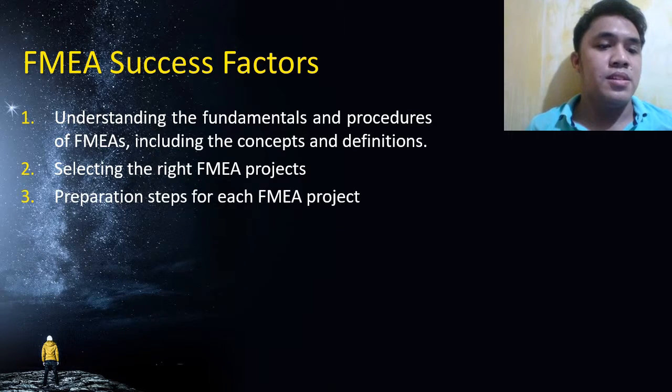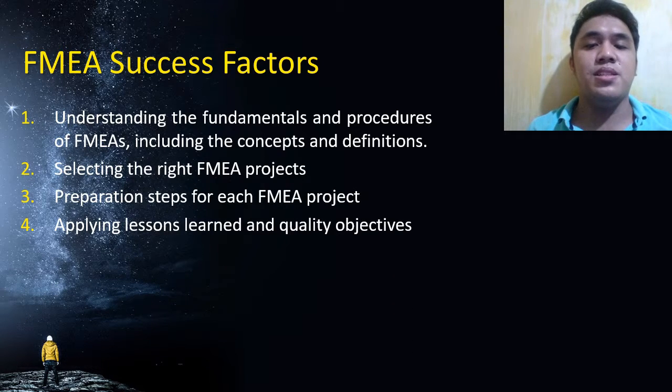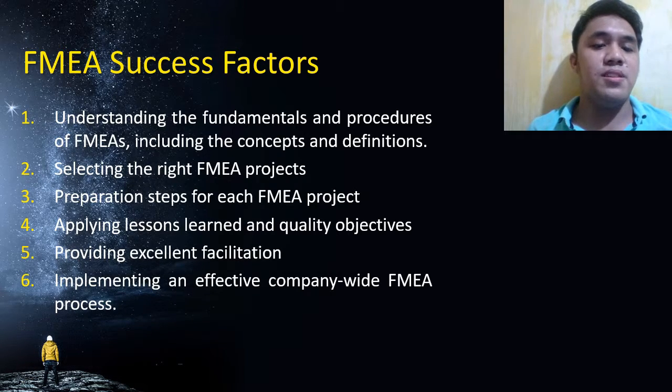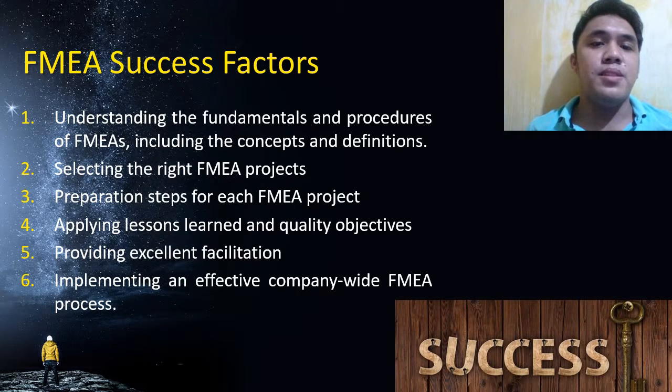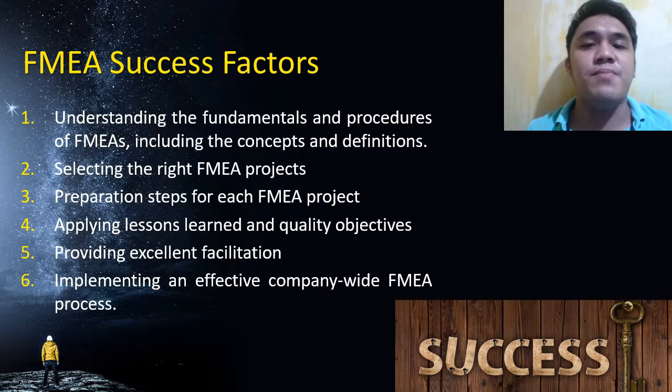Preparation steps for each FMEA project. Applying lessons learned and quality objectives, providing excellent facilitation, implementing an effective company-wide FMEA process. Implementing these FMEA success factors will help ensure FMEA achieves safe, reliable, and economical products and processes.